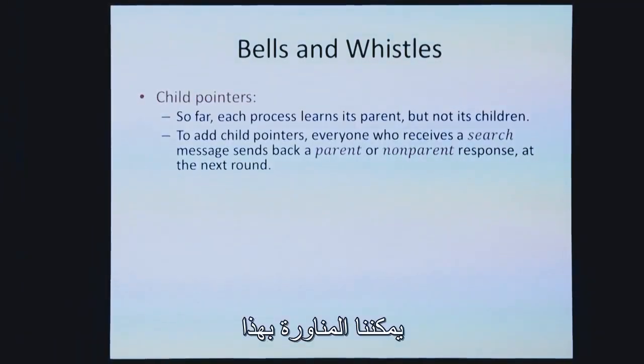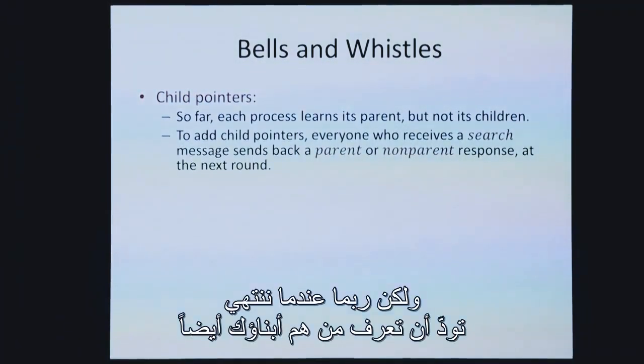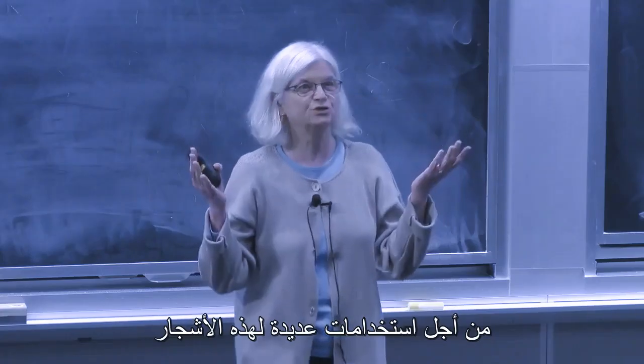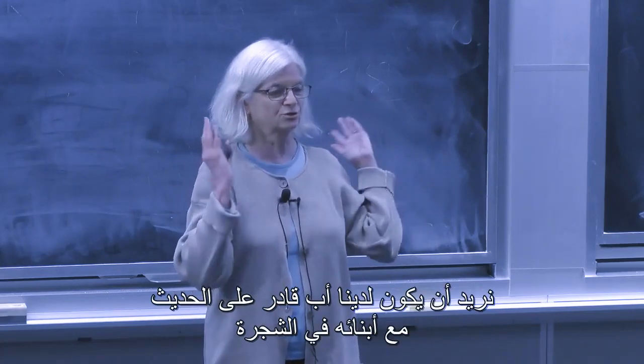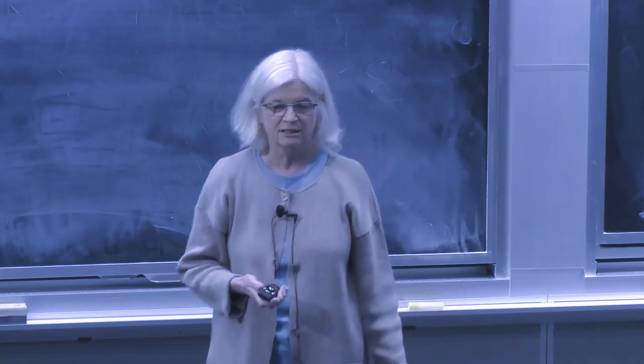All right, so you can play around with this. This algorithm just tells everybody who their parent is, but maybe when you're finished, you'd like to know who your children are as well. For many uses of these trees, you'd like a parent to be able to talk to its children in the tree. So how would I do that?